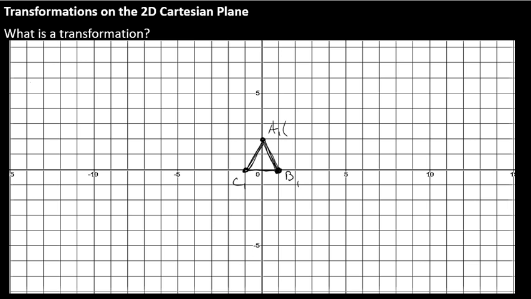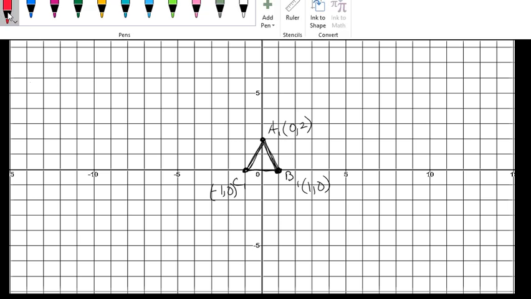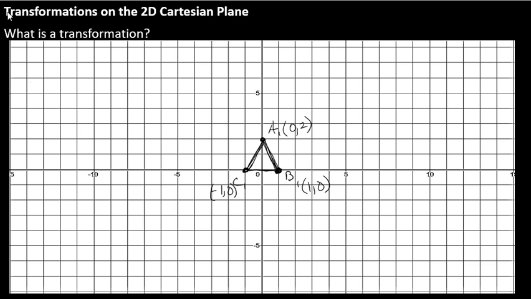Okay, so this first of the three vertices is here at 0 by 2. This next one is here at 1 by 0. This next one is here at, what is that? -1 by 0. Okay, so basically what a transformation is is when I do something like this. Let's say I draw that exact same triangle, except I draw it over here.